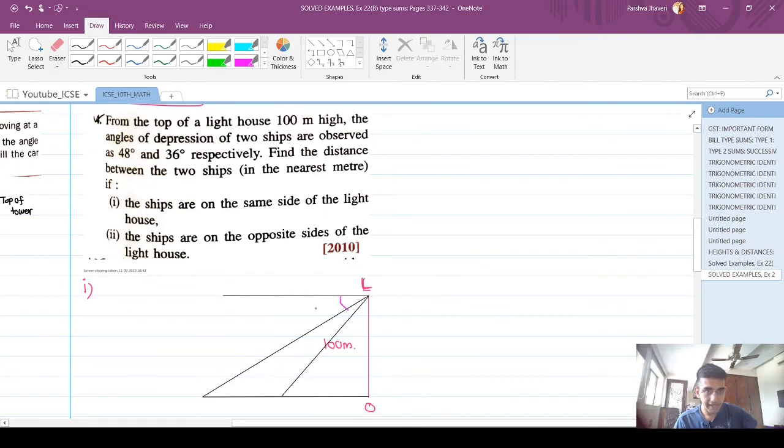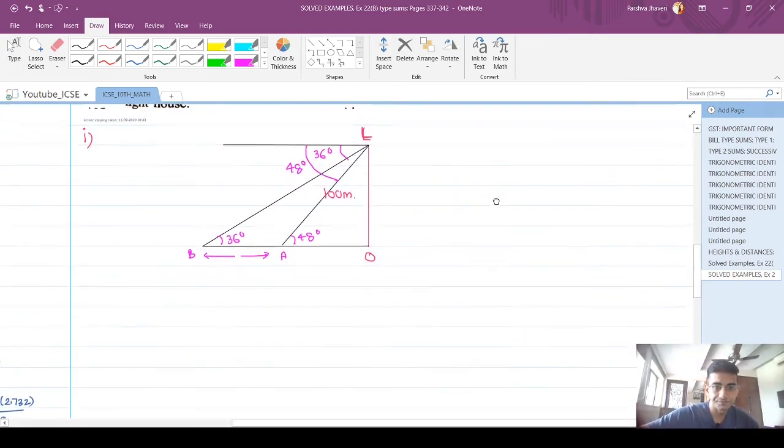The smaller angle is 36 degrees and the bigger angle is 48 degrees. Let's name these A and B. They are asking us to find the distance AB in part 1, because they're asking us to find the distance between the two ships to the nearest meter.